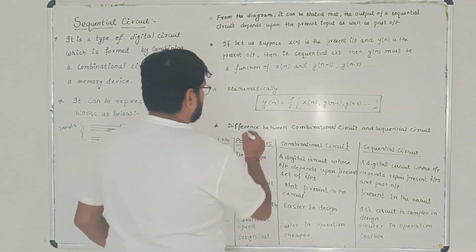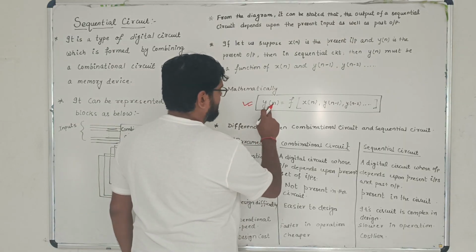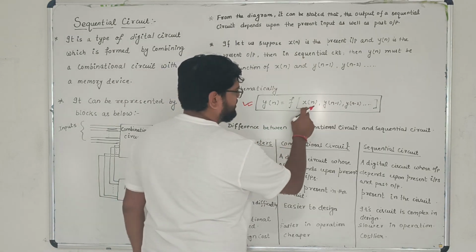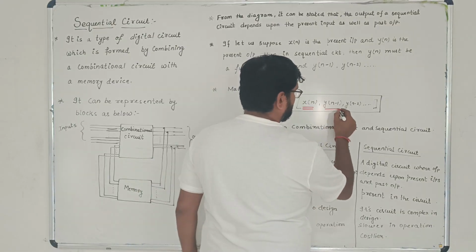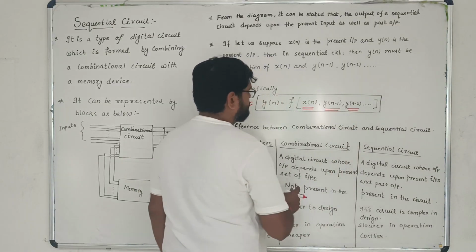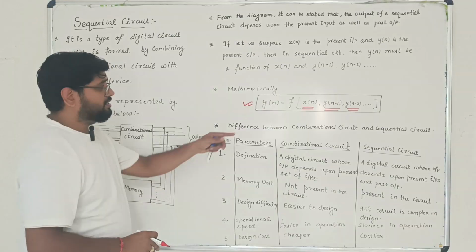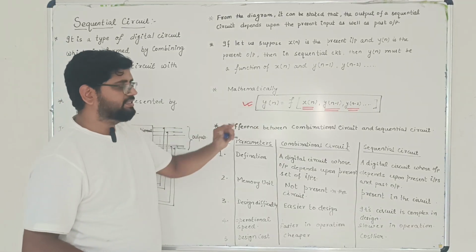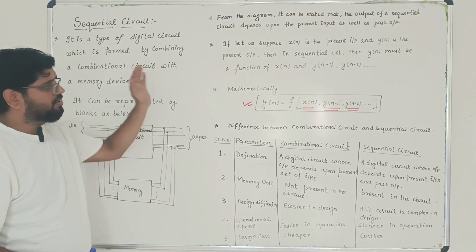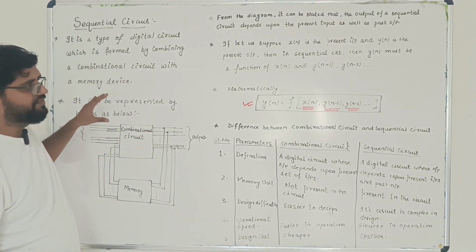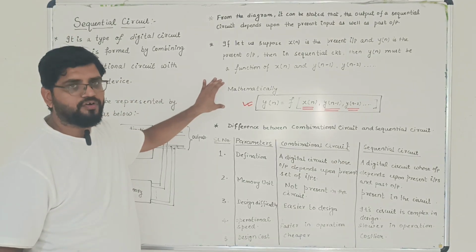You can clearly see that yn is dependent on f of xn, which is your present input, and the past outputs. These are the past outputs on which your present output is dependent. So these are the introduction part of the sequential circuit, its definition and its mathematical formulation.